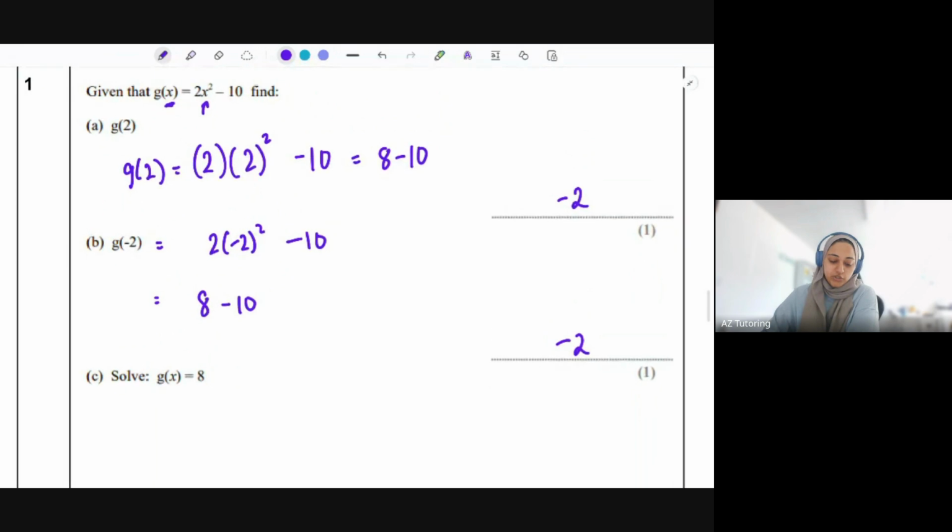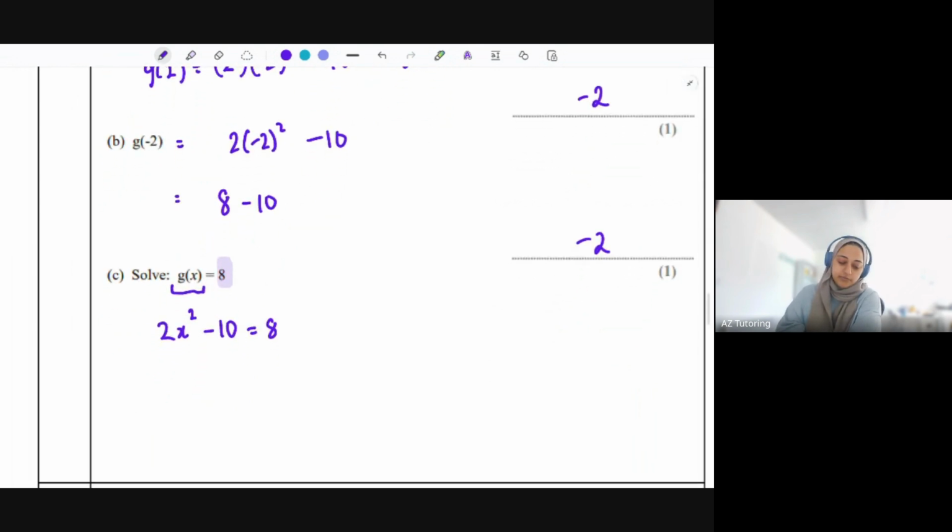We've then got solve g of x equals 8. Now, g of x just equals this here, and we're just making g of x equal to 8. So all I'm doing is changing g of x for what g of x is, which is this here. So 2x squared minus 10 equals 8. Let's plus 10 to the right-hand side.